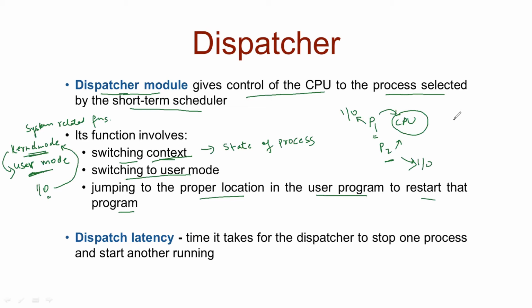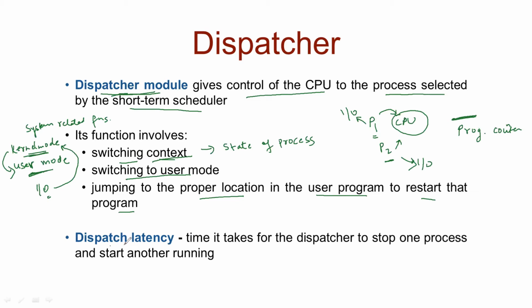It will execute P1 from a particular location. Tell me, from where will it start executing the next instruction? The address of the next instruction is stored in, yes, the program counter. The module of the operating system that handles this jumping to the proper location in the user program to restart that program is the dispatcher. Okay.